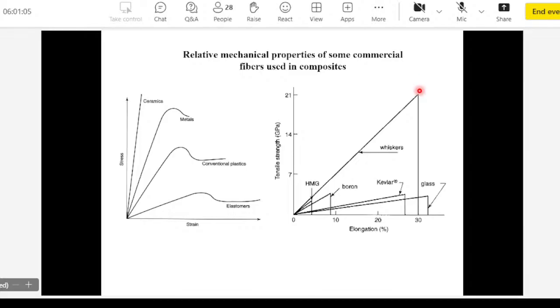So there is a very high strength. But even if you're not using whiskers, common fibers like boron fibers or HMG, which is high modulus graphite fiber, aramid fiber, glass, all of these have very high tensile strengths on the order of a few thousand megapascals or gigapascals. So when you put these fibers in a polymer, you can make the polymer extremely strong.